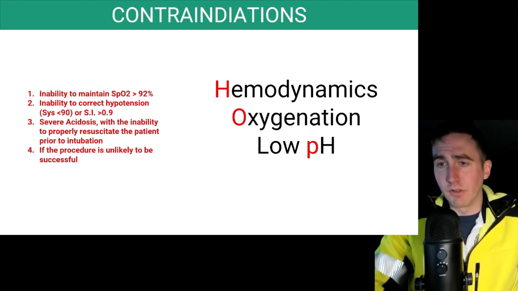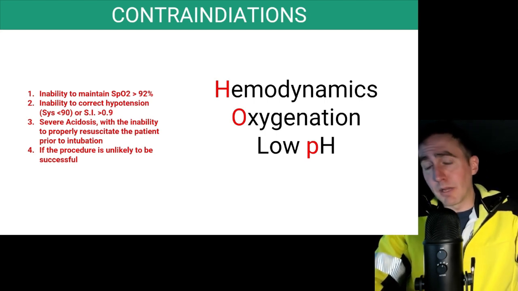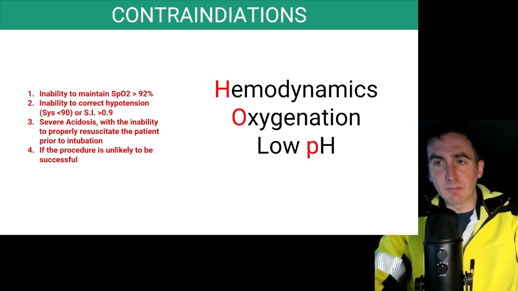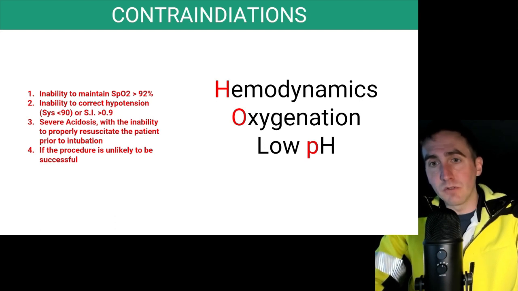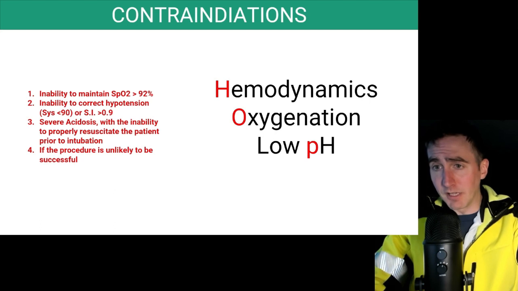So imagine a patient with severe diabetic ketoacidosis that has a pH of below 7, and they're severely acidotic, and they are compensating by breathing 30, 40, 50 times a minute. They're blowing off that CO2. Well, ketamine can induce apnea.